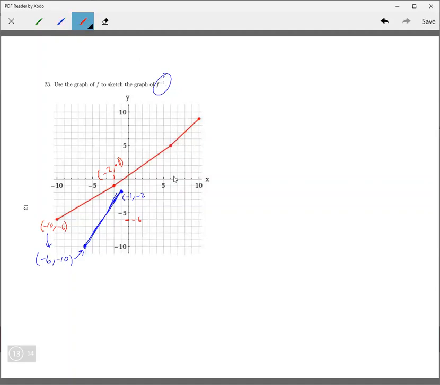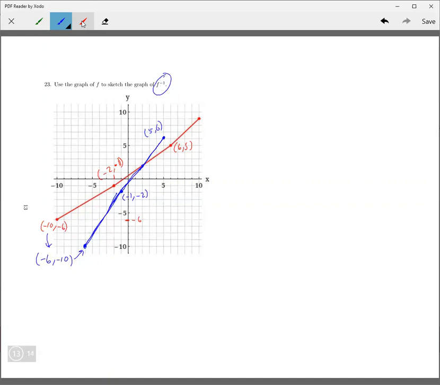This is 6, comma 5, and so that means that 5, comma 6, which is right here, will be on the graph. So you draw a line segment between these two points on Webassign. They'll intersect right here, by the way, but that doesn't matter. Just focus on those two points, negative 1, negative 2, and 5, 6.